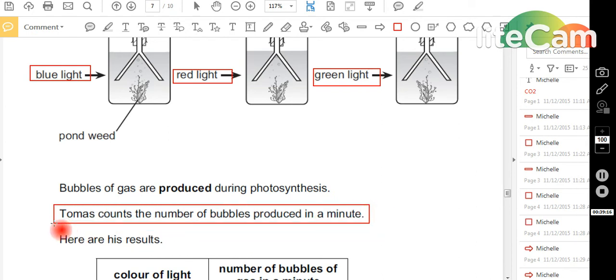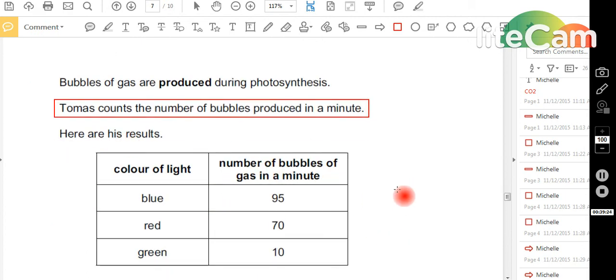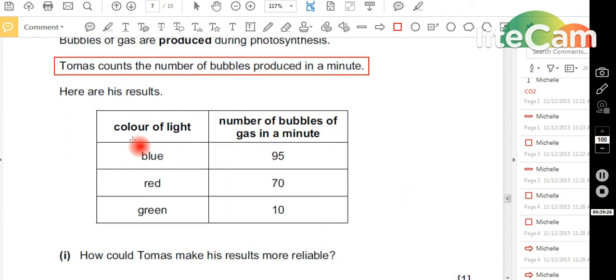Okay. So he's going to count them. And how does he count them? How many bubbles per minute? Here's the results of what he found. So for the different colored lights, in blue light, he counted 95 bubbles. In red light, 70 bubbles. In the green light, 10 bubbles.